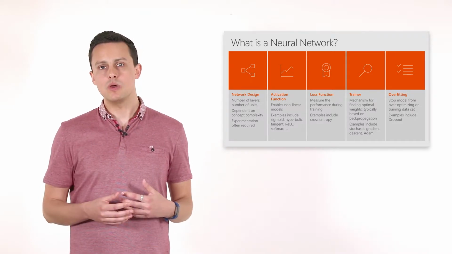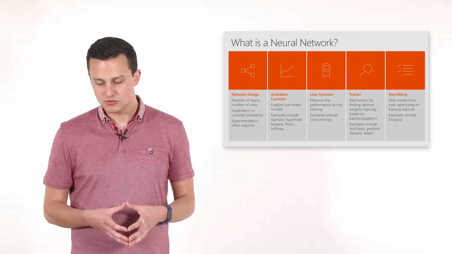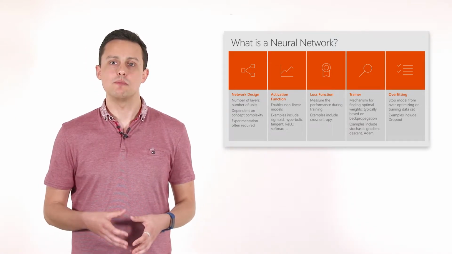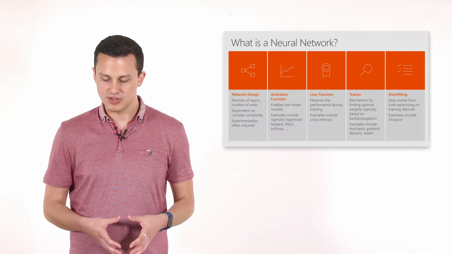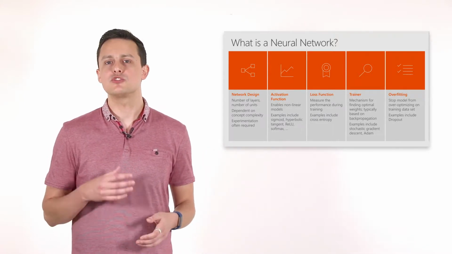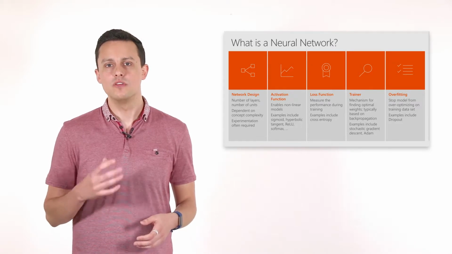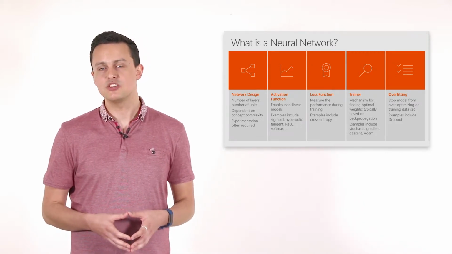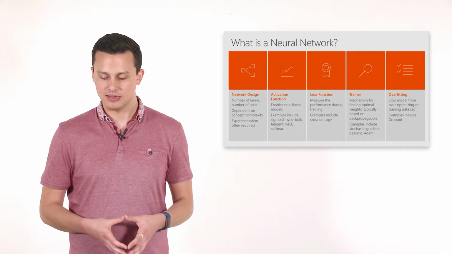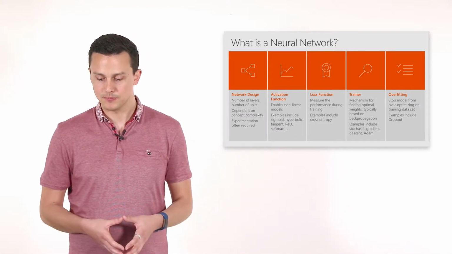As we adjust them, we will get closer to finding the optimal set of weights and the optimal network that will provide the best predictive ability on new data. And then finally, as we train this network up, we need to ensure that it doesn't become overfitted to the training data. We need to make sure that it still has the ability to recognize new data and correctly recognize it.